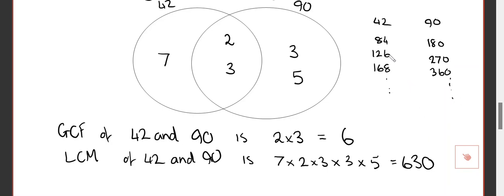The first number that would appear in both lists would be 630, but we've done it without having to write them all down. Okay. So maybe to add to our notes, 2 times 3 is just the middle, but this is all the numbers multiplied together.